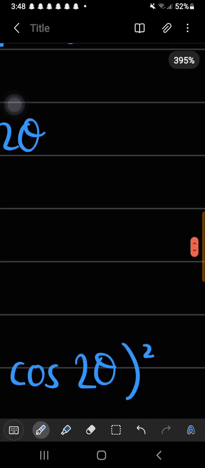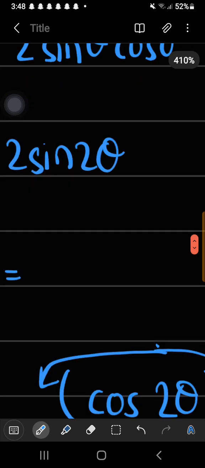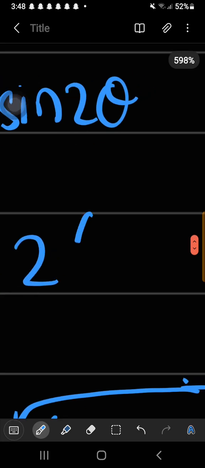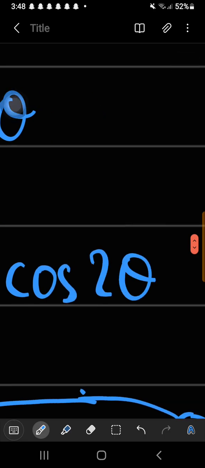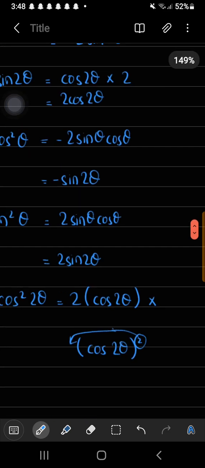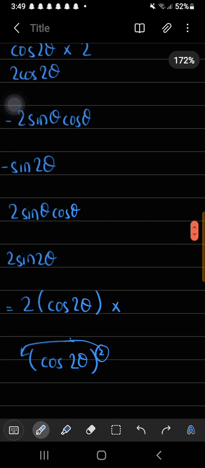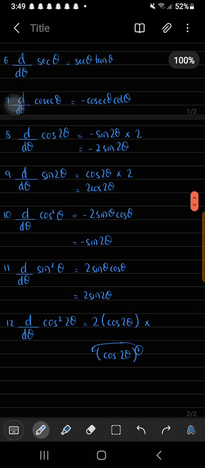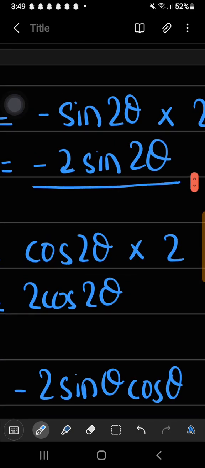We will differentiate this, so this power will go down and multiply here, so it becomes 2 cos 2 theta multiplied by the differentiation of this, which will be negative 2 sine 2 theta.